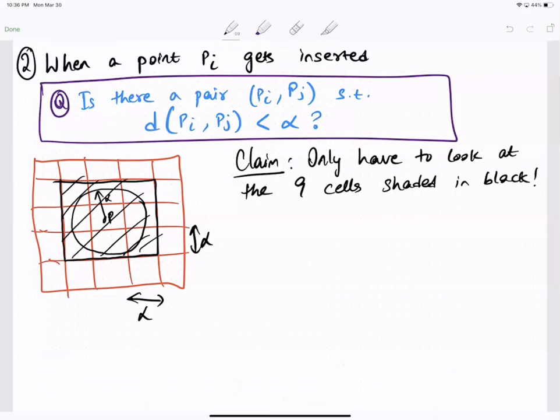Now remember we said within each cell there can be at most 4 points. So in total there will be only 36 points, the 9 cells with at most 4 points inside each of them. So at most 36 points that we have to compare P with, and that's enough to answer this question.